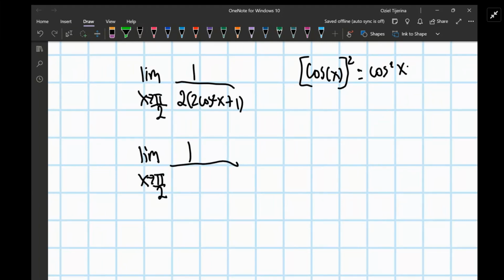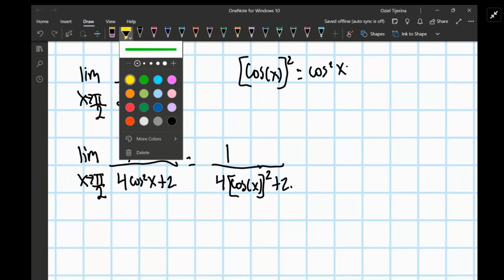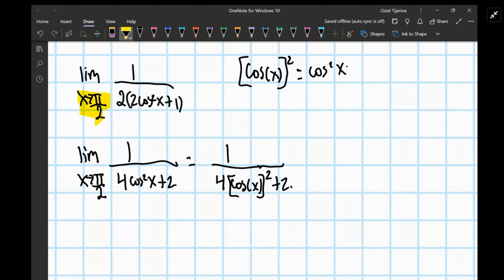Let me go ahead and distribute the 2. So it's going to be 4 cosine squared x plus 2. So when we evaluate it, it's going to be 1 over 4 cosine of x quantity squared plus 2. Then we're going to put that pi over 2 in for x.